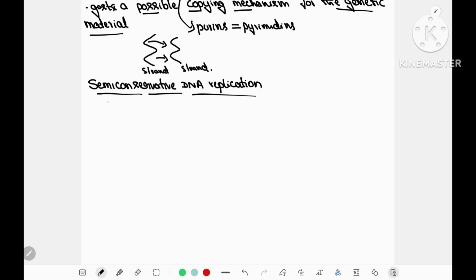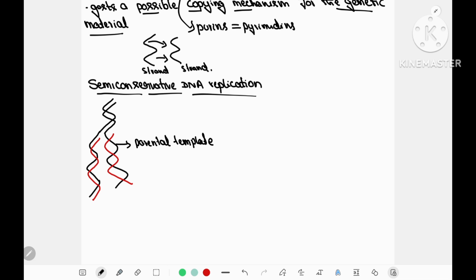Semi-conservative DNA replication states that the two strands separate during the process of DNA replication and act as templates, and a new complementary strand will be synthesized for each of those two template strands. Here, what I have written in black is the parental or template strand, and what I have written in red is the newly synthesized strand.